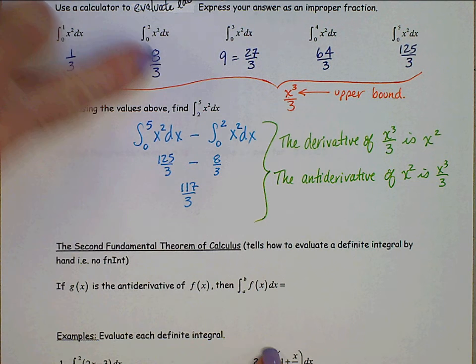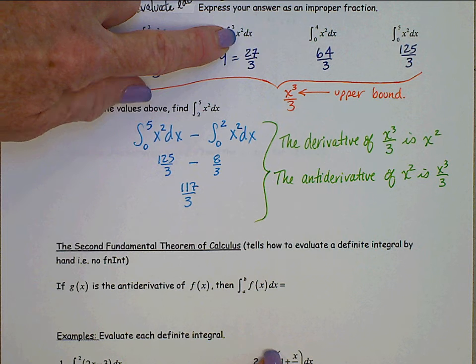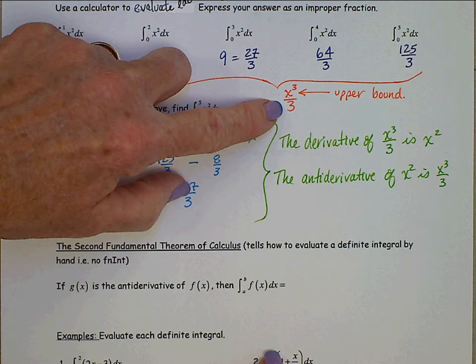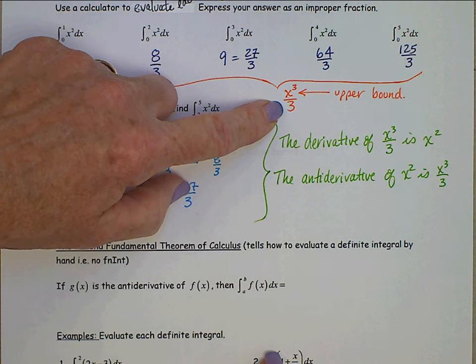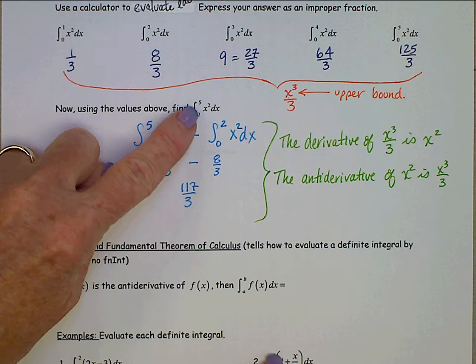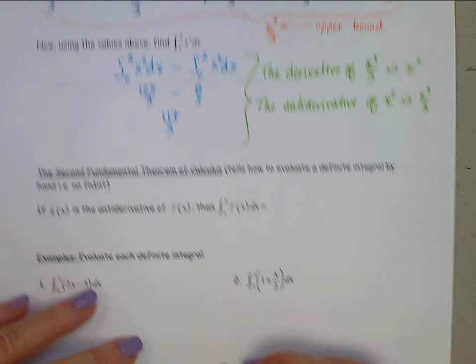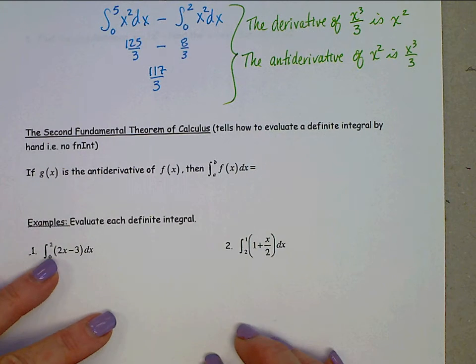So what we essentially did up here is we took this x squared, we did the antiderivative of it, which got us to x cubed over 3, and then we evaluated that x cubed over 3 at the upper bound minus the lower bound. That concept is called the second fundamental theorem of calculus.